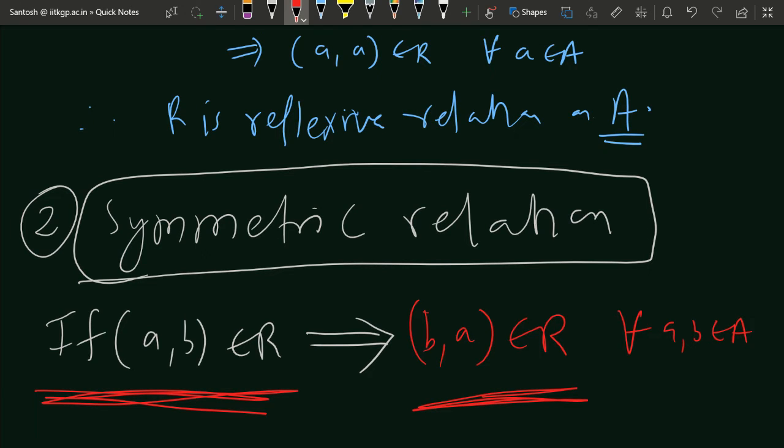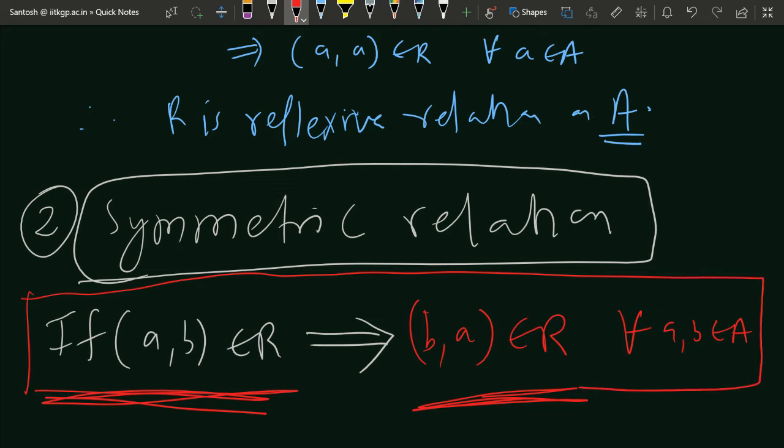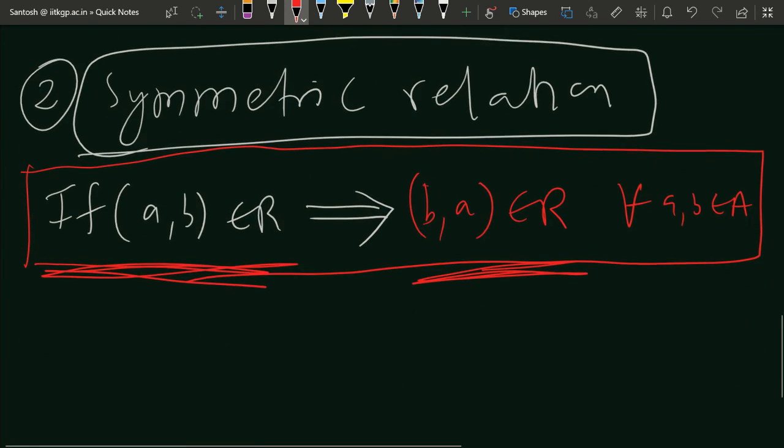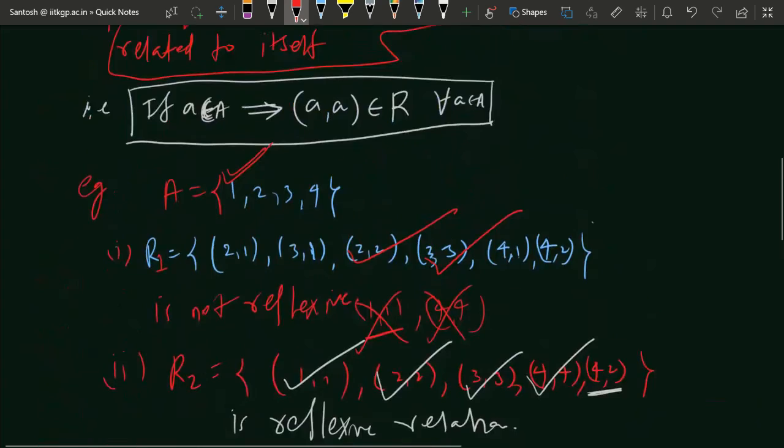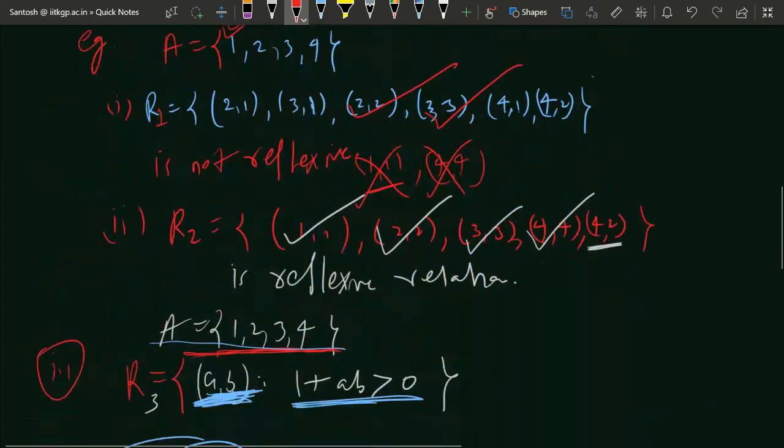If A is related to B and B is related to A, that is symmetric. This is the definition. So for example, see the same examples from the last three examples.